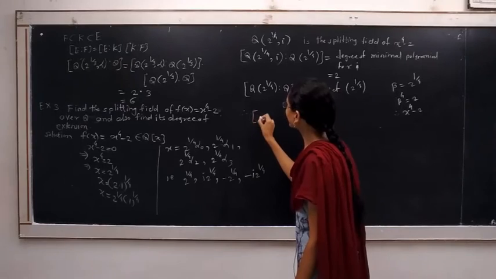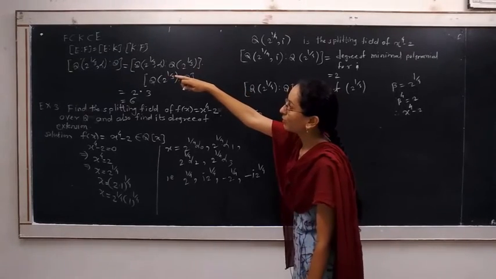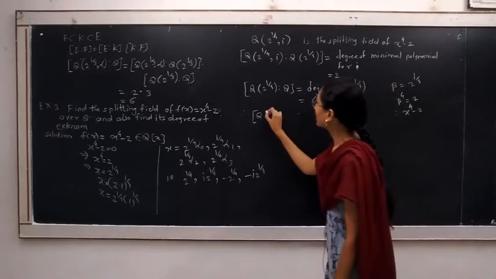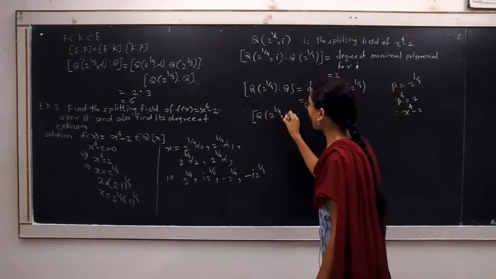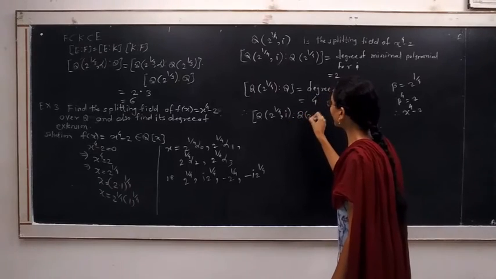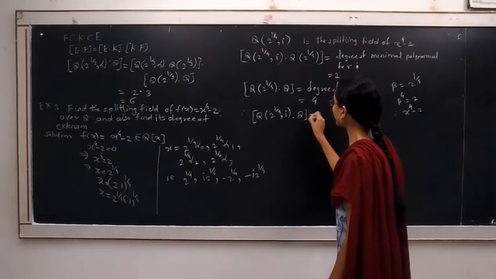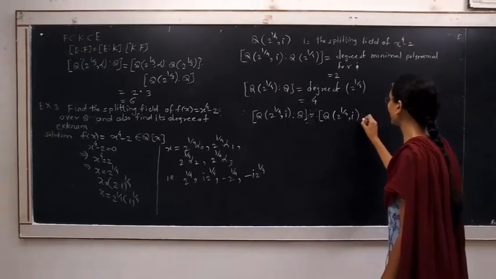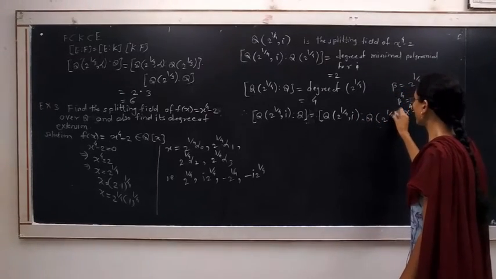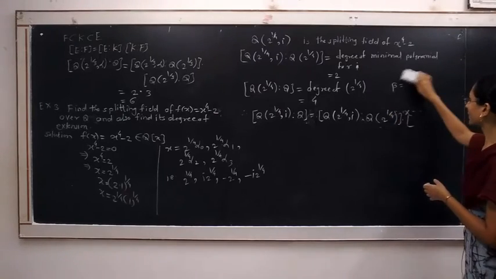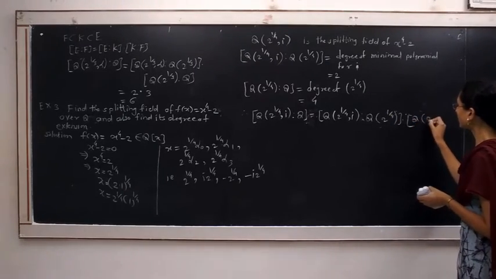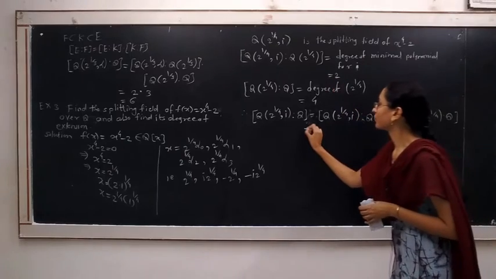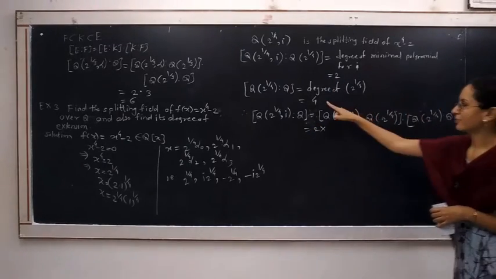Therefore, by using the result that the degree of E over F is equal to the degree of extension of E over K into the degree of extension of K over F, the degree of Q joining 2 raised to 1 by 4 and i over Q is equal to the degree of extension of Q joining 2 raised to 1 by 4 and i over the field Q joining 2 raised to 1 by 4, into the degree of extension of Q joining 2 raised to 1 by 4 over Q. This degree of extension is 2, into this degree of extension which is 4.